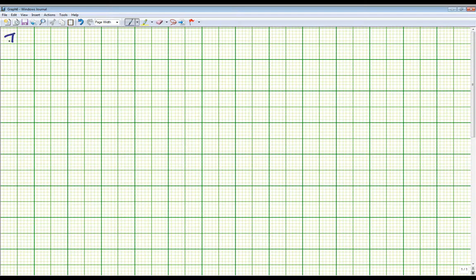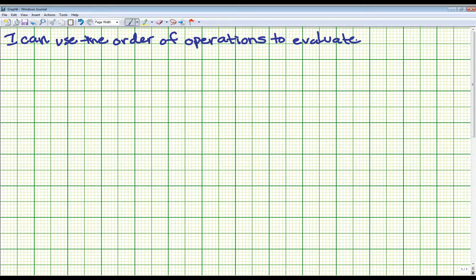All right, I can use the order of operations to evaluate numerical expressions. So that's what we're doing today.